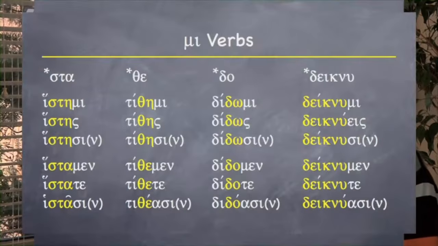Now, you can learn that if you want, or you can just learn that histemi is from the root sta, and after that it's perfectly regular. Take a look at the forms. It's histemi, histes, histesi, and then just like the omega goes to an omicron with didomi, the eta goes to an alpha, and you get histamen, histate, histasi. Perfectly regular, isn't it?